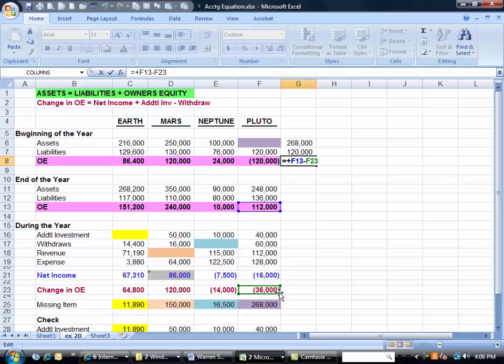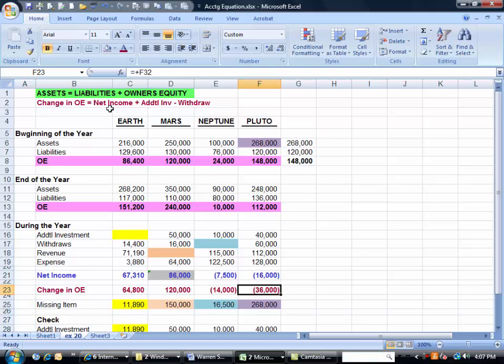So your change was a negative, so you actually went down. So the 148 is the addition of the ending owner's equity and the change. So you shrunk an owner's equity. Once you had that, you could back into what your assets are by taking owner's equity plus liabilities. So now, just to prove that it all works out, if I take that number, then all my numbers map out.